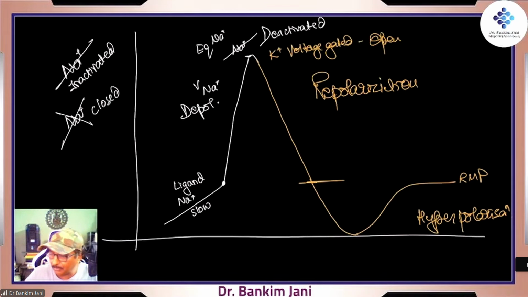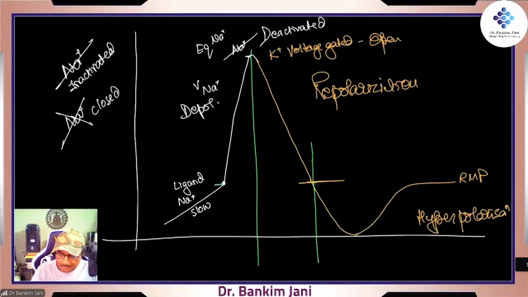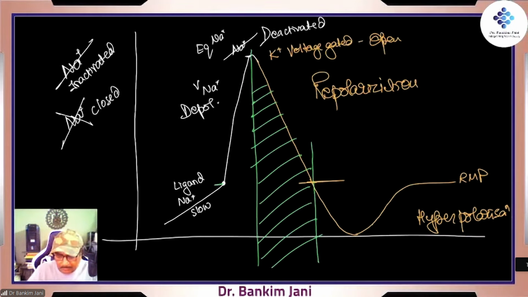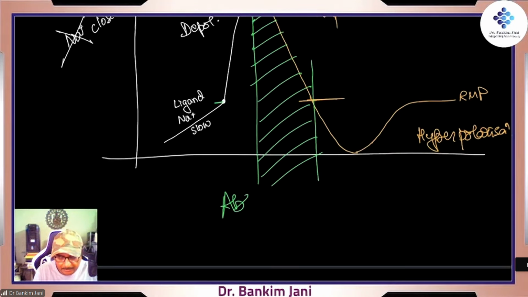Now, what you need to know about is the refractory period. We told that sodium channels are deactivated till the equilibrium potential, till it reaches this point. So this area, this time, is called the absolute refractory period.